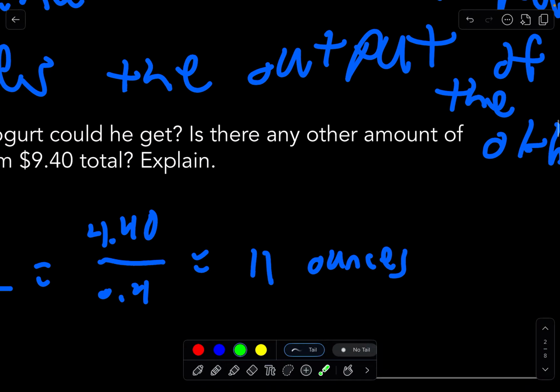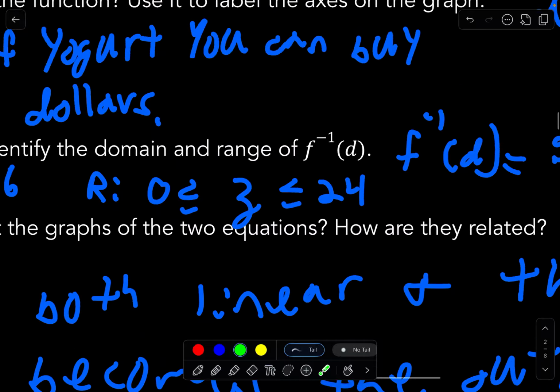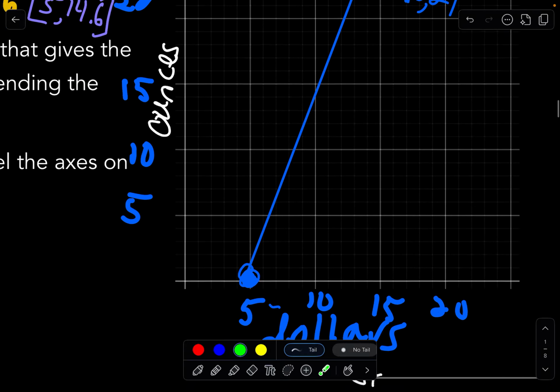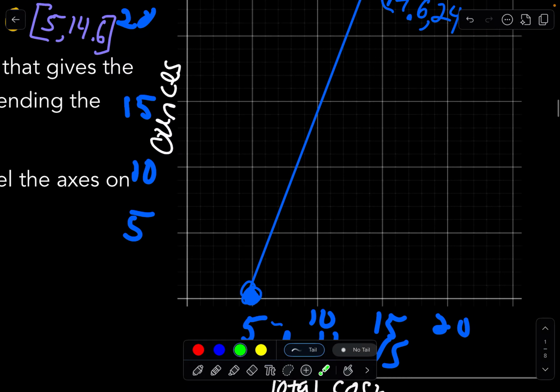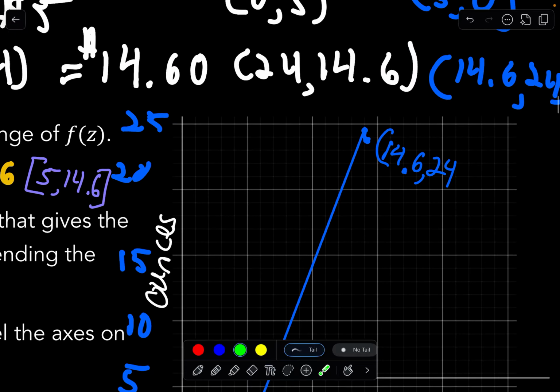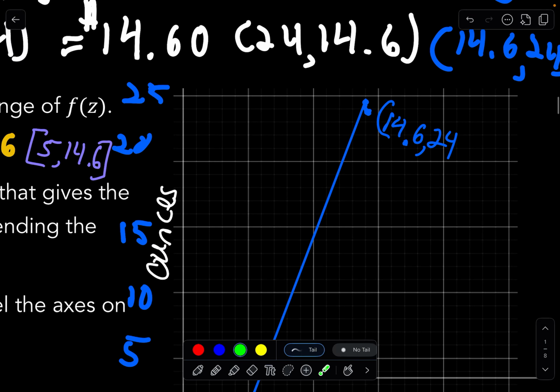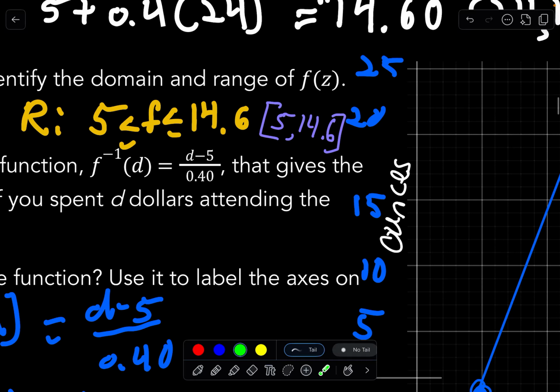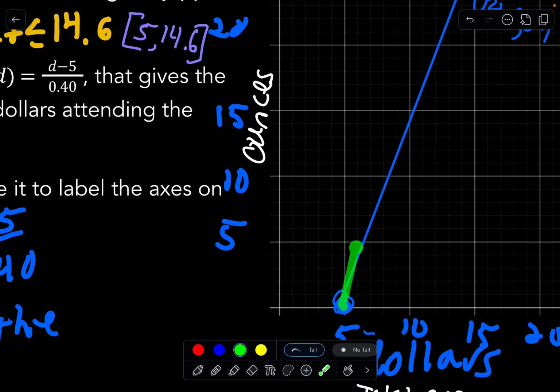So you plot both those points, just like we did before. So 0, 5 turns into 5, 0, right here. And then 24, 14.6 becomes 14.6, 24. And then we can just connect the dots. And that's our graph of our inverse.